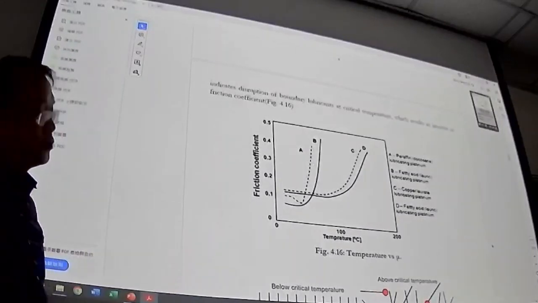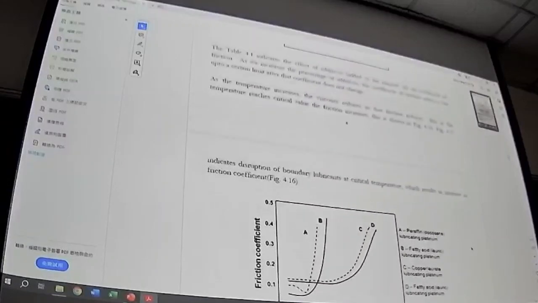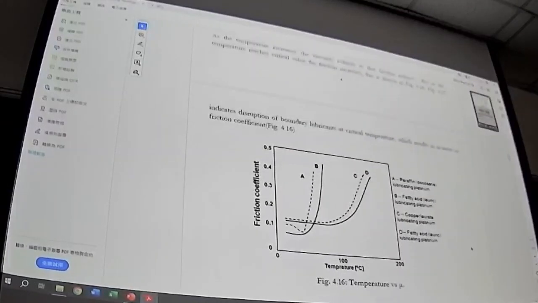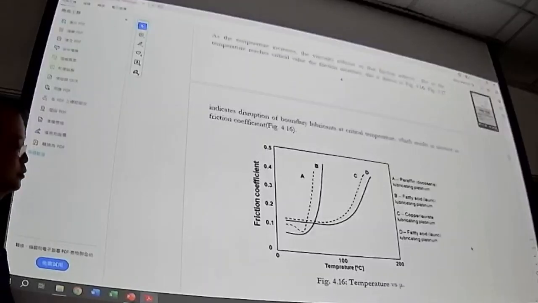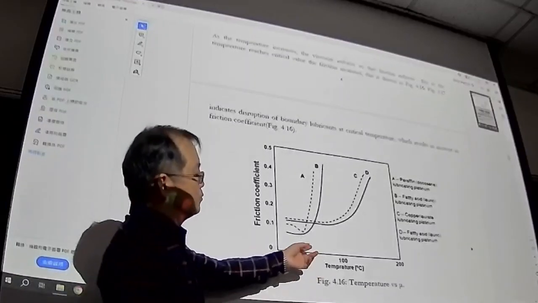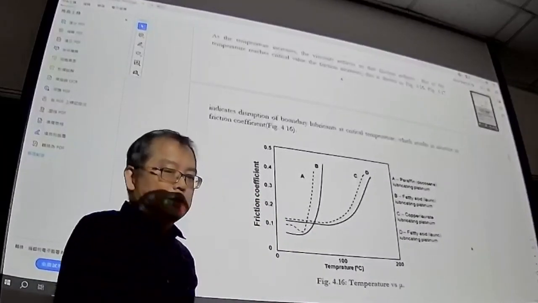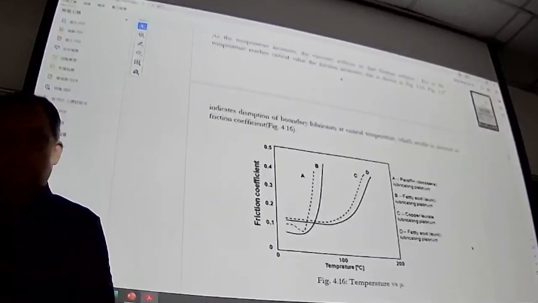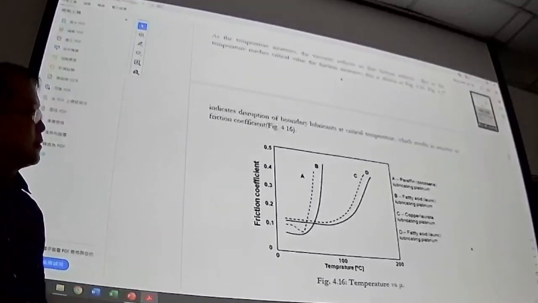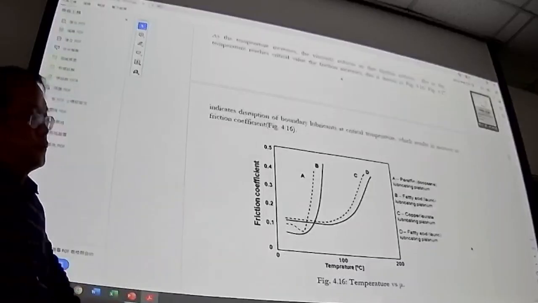So here we have some conclusion. As the temperature increases, the viscosity reduces, so the friction reduces. So when you increase the temperature, the viscosity will drop. The viscosity dropping means the lubricant is getting thinner. So the coefficient of friction will increase.